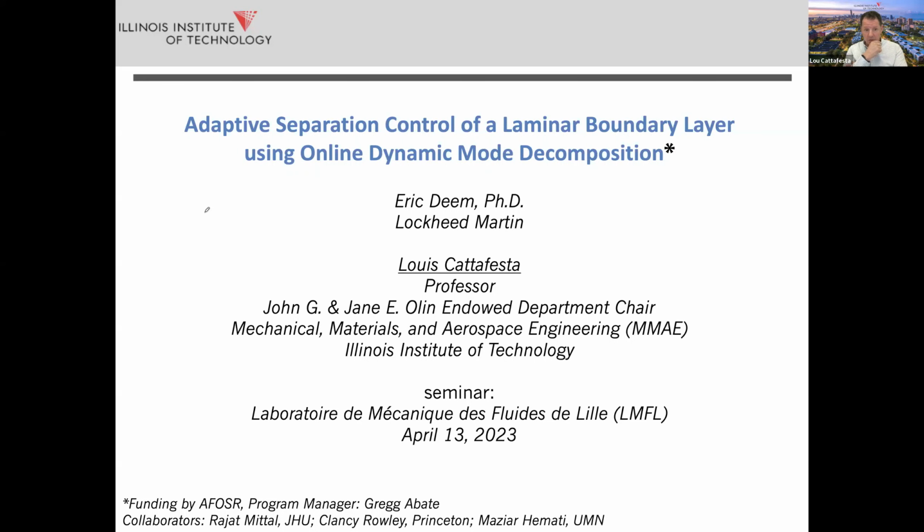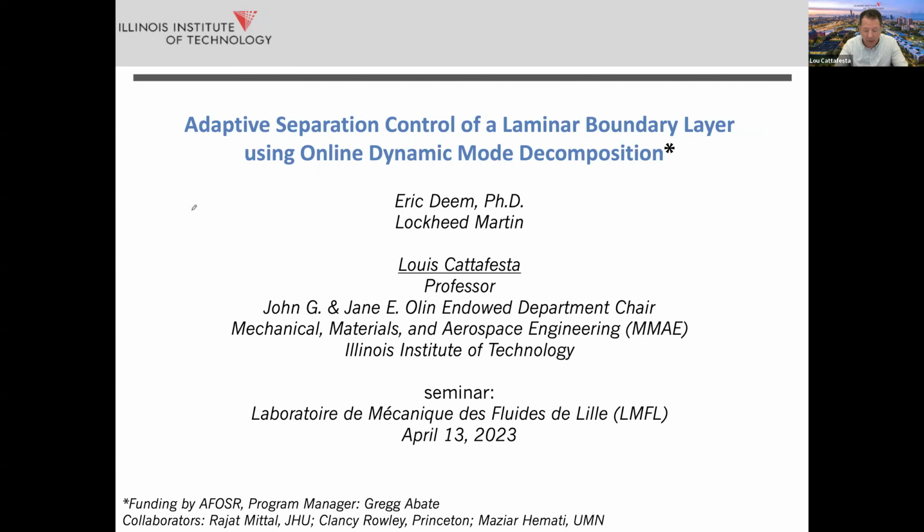Today I'm going to talk to you about a project that we completed not too long ago. It was essentially the PhD work of Eric Dean, who's now working in high-speed, actually hypersonics, at Lockheed Martin. This work was funded by the Air Force with our program manager, Greg Abate, and I'd like to acknowledge that support.